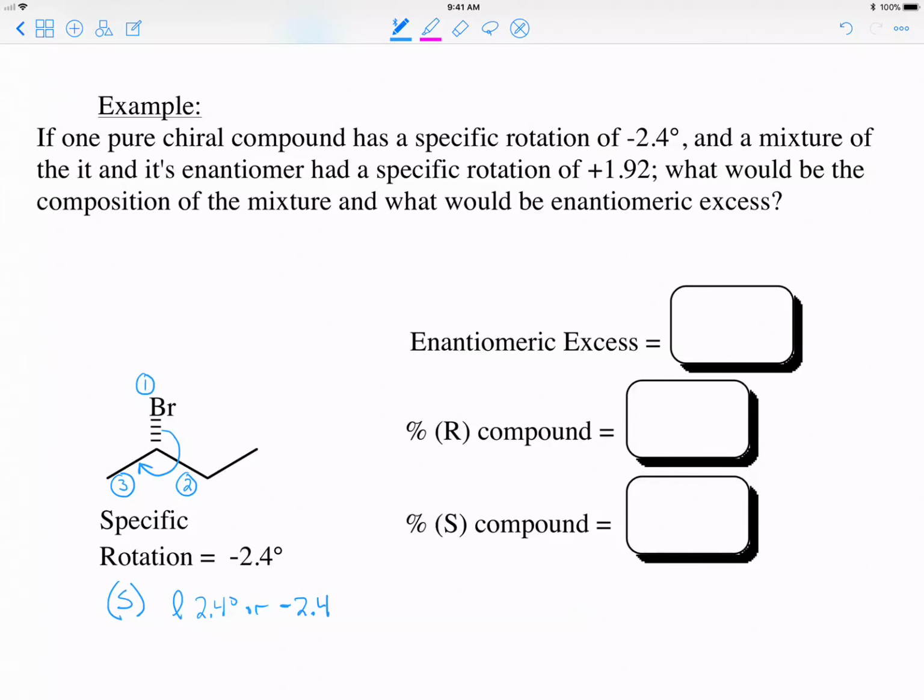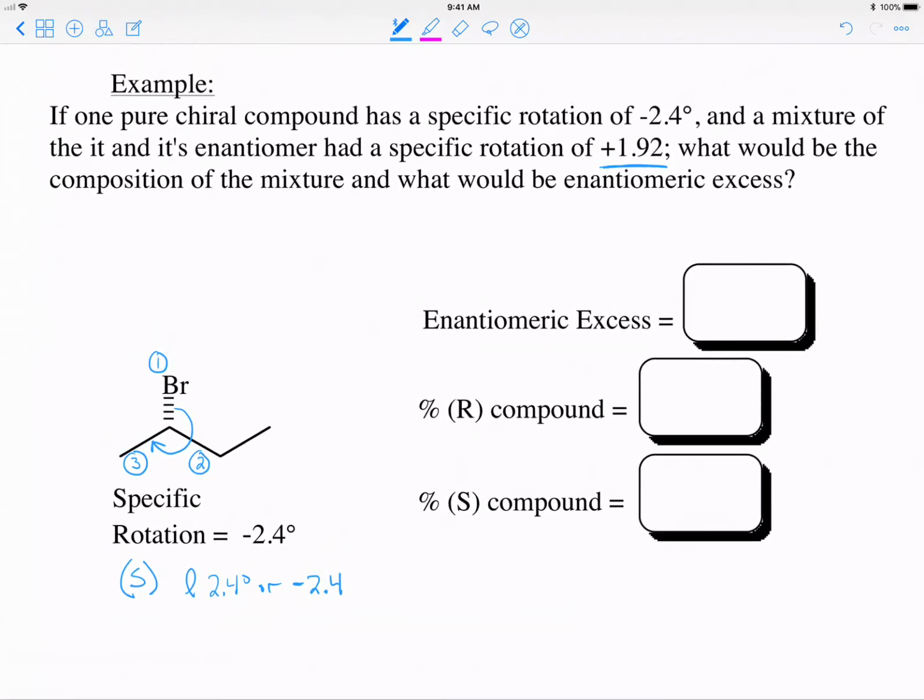Now, if I made just this pure compound in my reaction, what I would observe is minus 2.4 degrees, but that's not what I'm observing. The specific rotation of my mixture is plus 1.92. What that means is that I didn't make mostly the S compound.